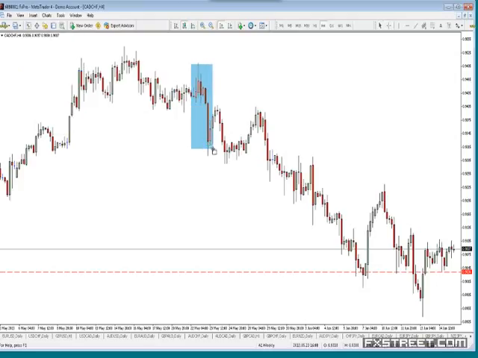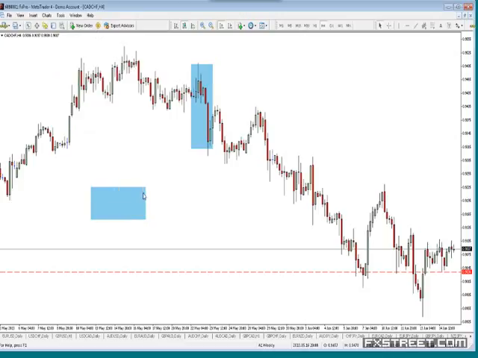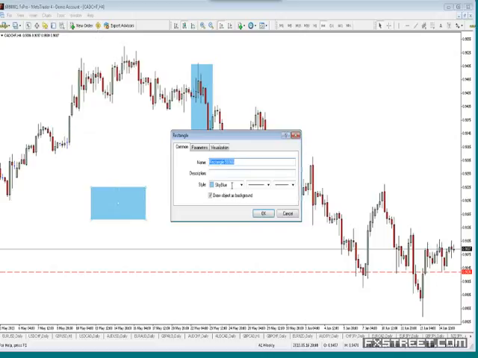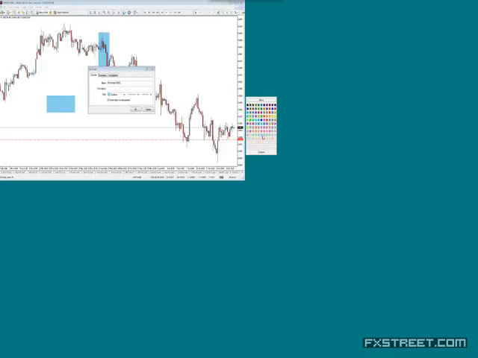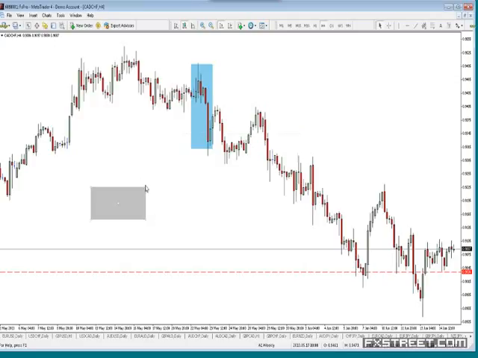There's the explosion phase, or the real strong trending phase, and then there's the retracement phase. And so what we have to do is make sure that we know which is which. And the way that we know this is by looking at the candles.